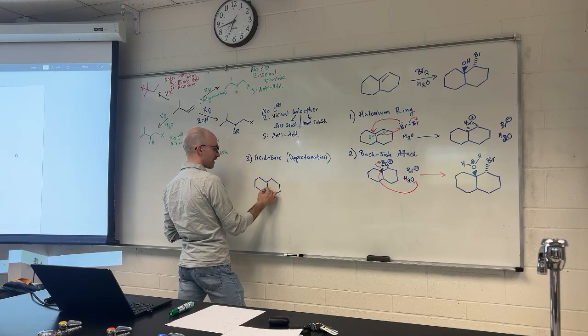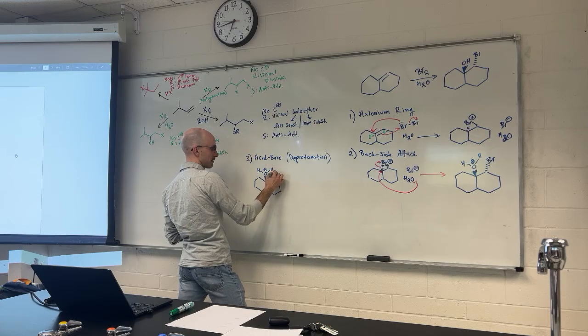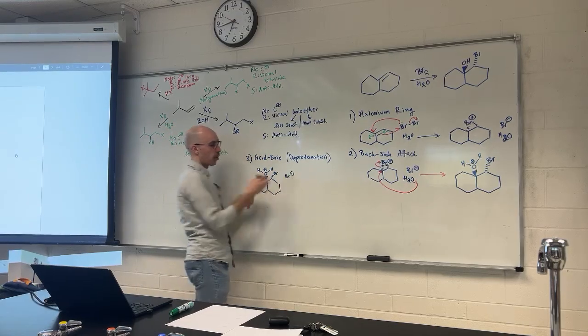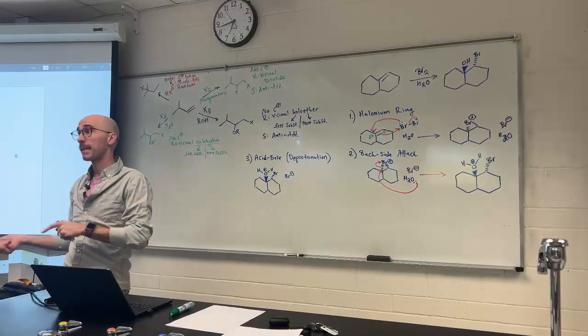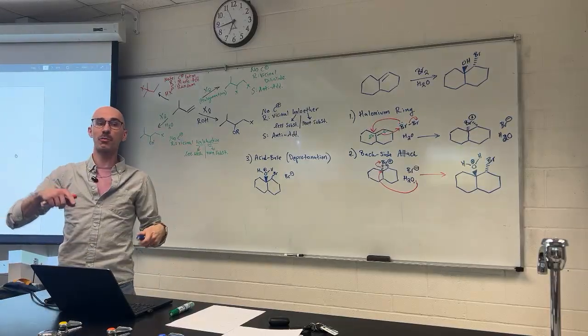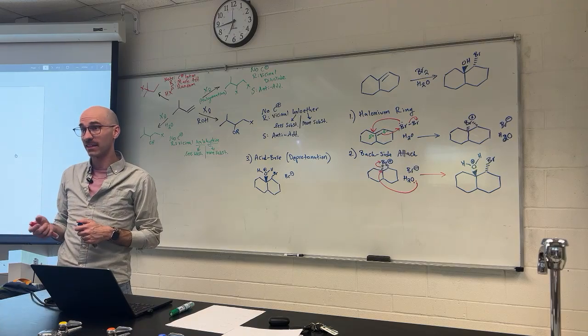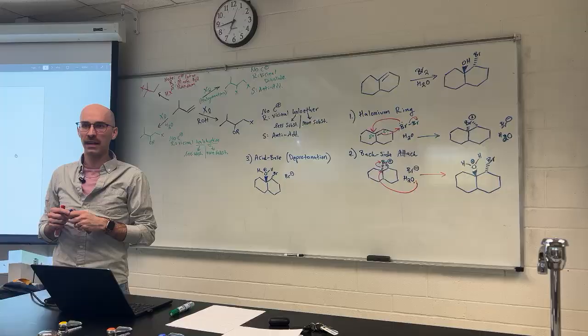What will act as the base to deprotonate? Bromine's not a bad guess. Or sorry, not bromine, actually, right? Bromide. Bromide, as a base, becomes hydrobromic acid, which is a very good acid, which means bromide is not a very good base.